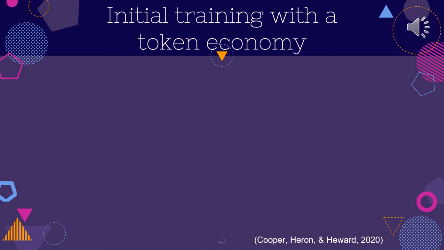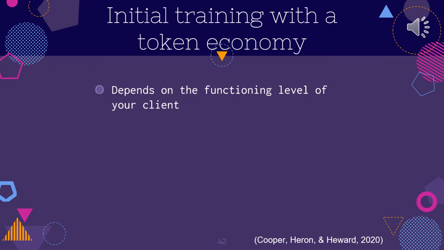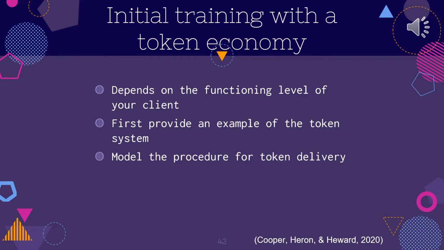Now let's cover initial training with a token economy. The amount of time and effort you spend on the initial training will depend on the functioning level of your client. First, you should provide an example of the token system. Doing so, you can model the procedure for token delivery, engage in a response, and allow the client to have the token.